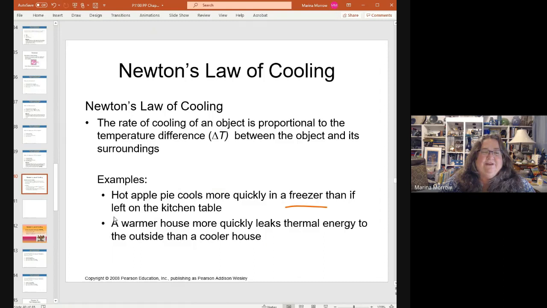And also something interesting, now that we're talking about insulation and stuff, a warmer house more quickly leaks thermal energy than a cooler house.